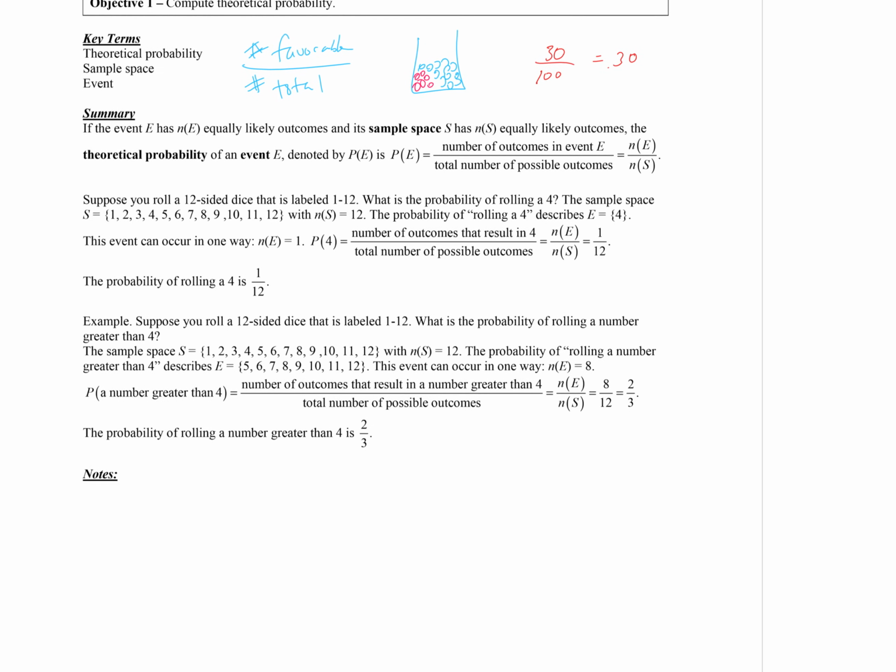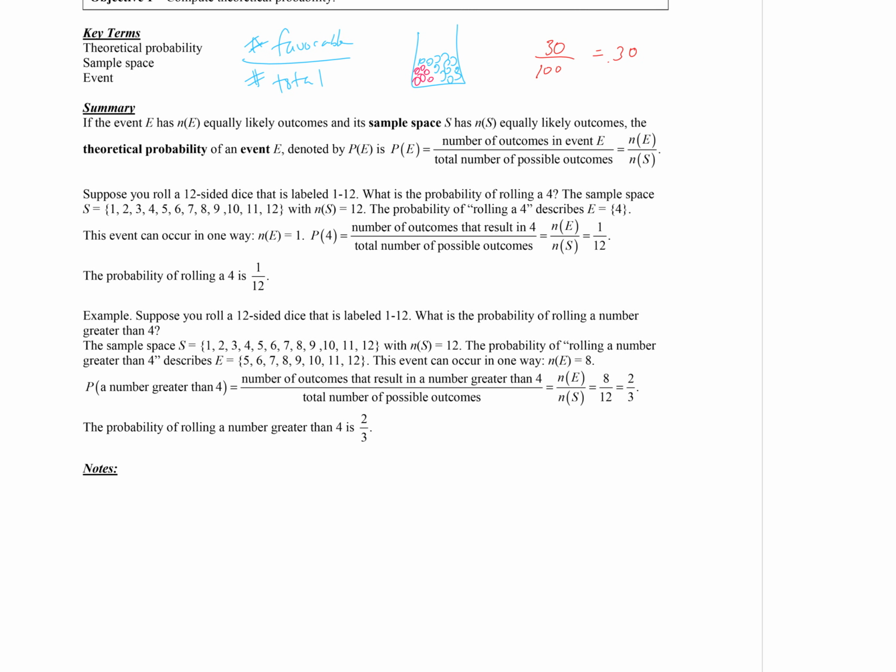Okay, so that's the theoretical. It's basically just asking you how many times the favorable outcome will occur out of the total possible outcomes. The total possible outcomes, we'll call that the sample space. That would be like the 100 marbles in the example I gave earlier. So let's look at the example here. Suppose you roll a 12-sided die that's labeled 1 through 12.